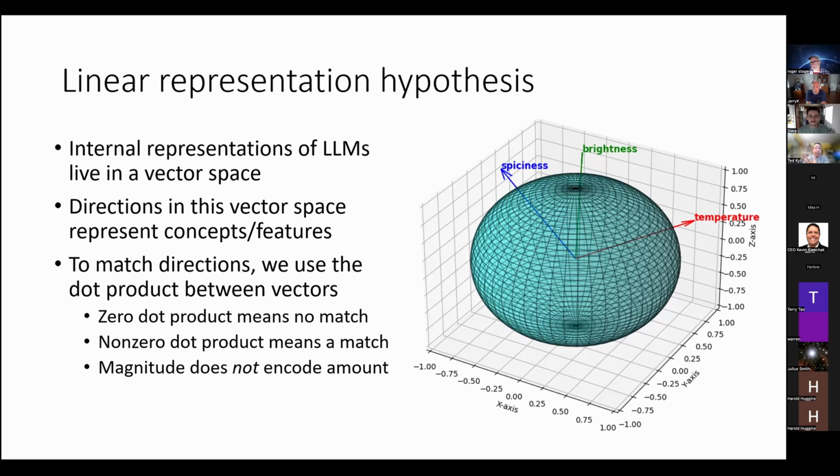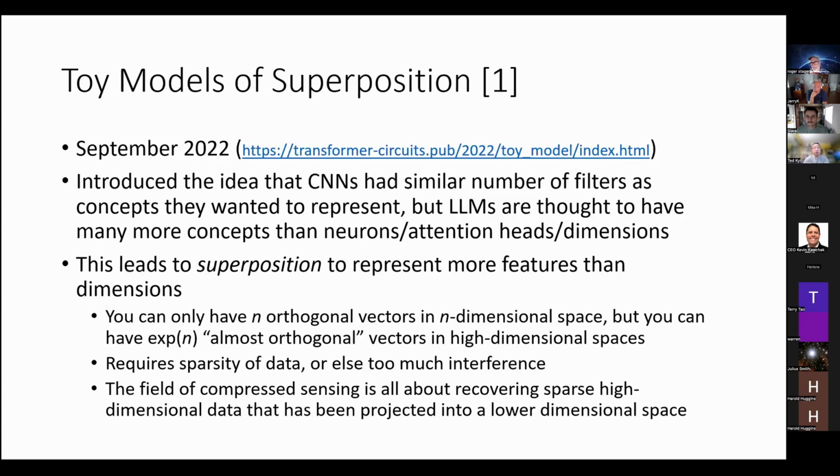However, in LLMs, we expect that they have hundreds of millions, if not billions, of different concepts they're trying to represent. And even the largest of LLMs are still on the order of tens of thousands of dimensionality for our residual stream. So what happens when you have more things you want to represent than you have actual dimensions to represent them?